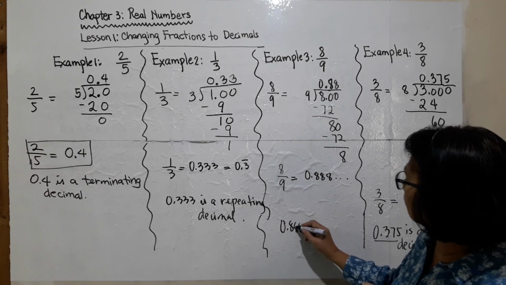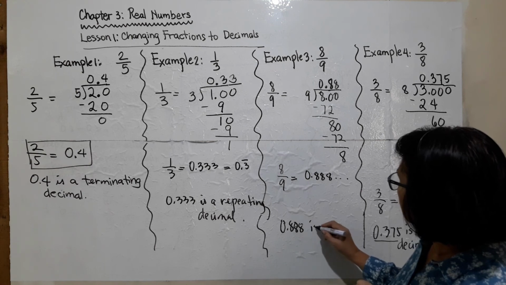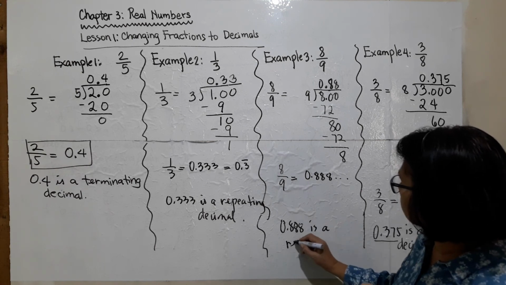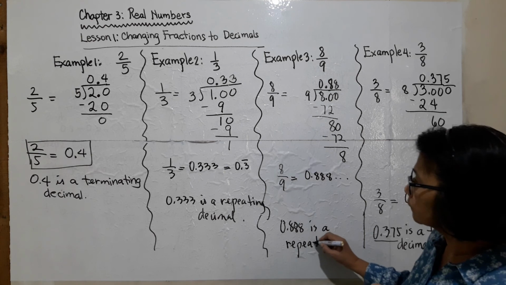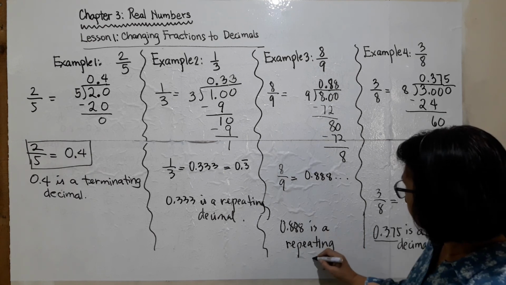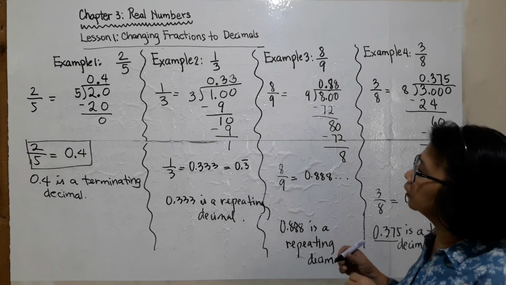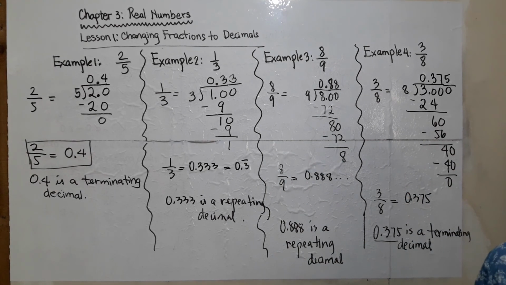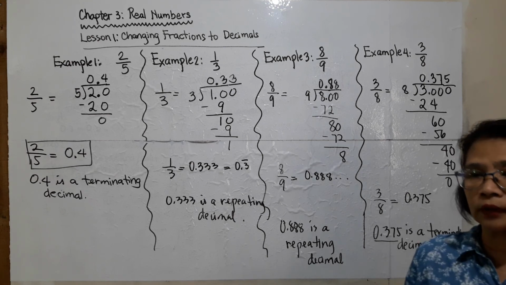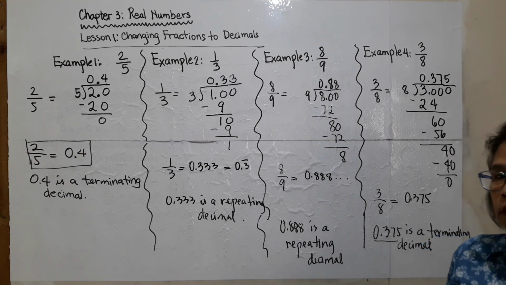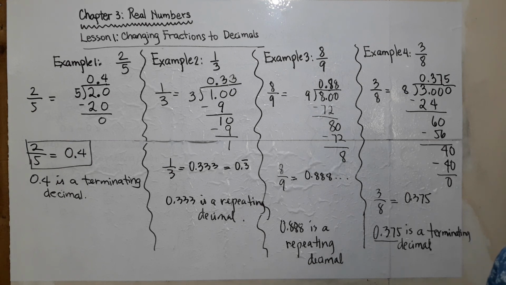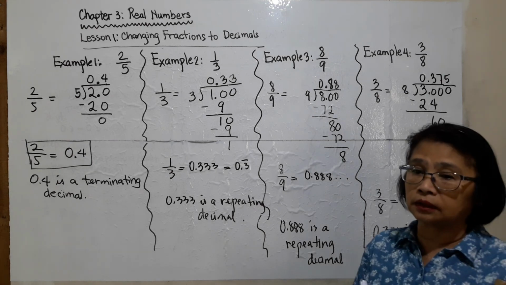It is also a repeating decimal. There are times 2 digits keep on repeating. There are times there are 3 digits repeating or more than 3 digits. Since the digits keep on repeating, the decimal is called a repeating decimal.